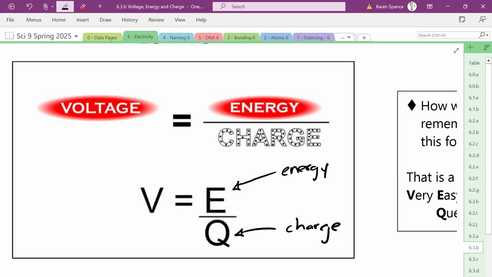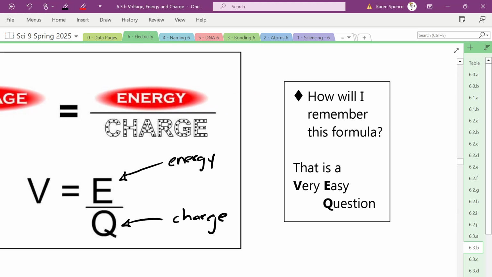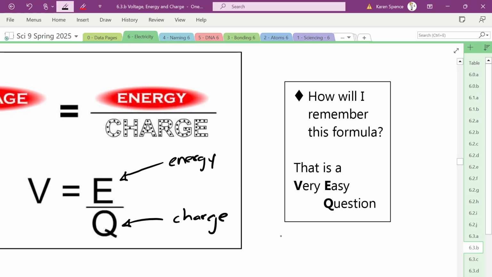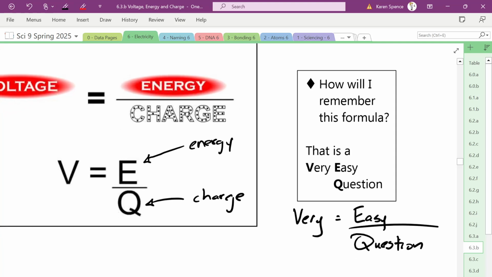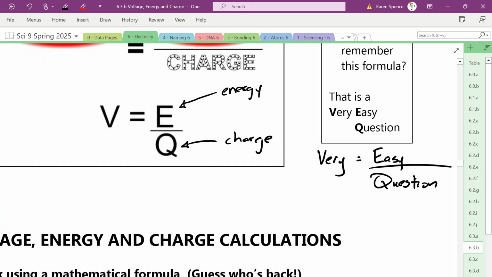Even though you're like, I quit, maybe you see the next question and you're like, oh, hang on, that's a very easy question. Maybe I shouldn't quit. So this is the very easy question formula: voltage equals energy over charge.